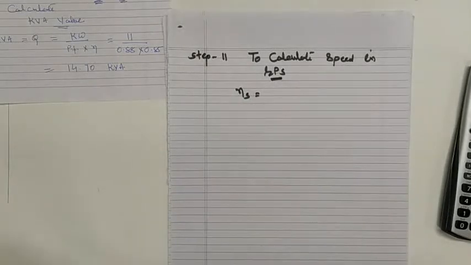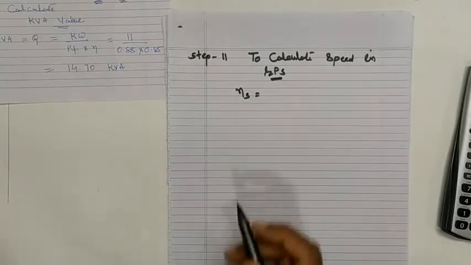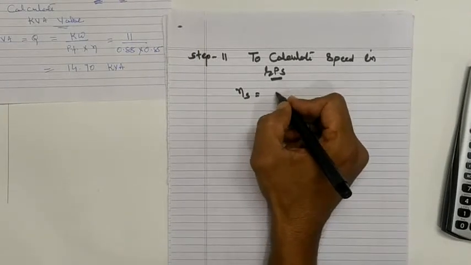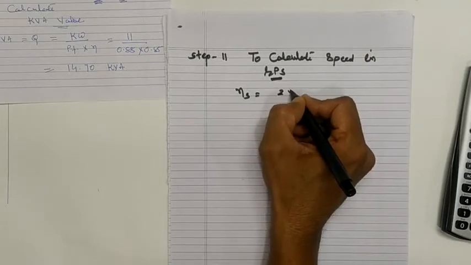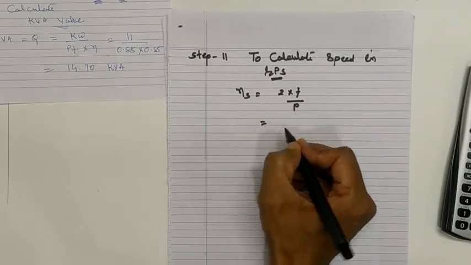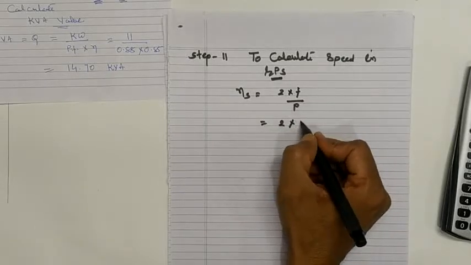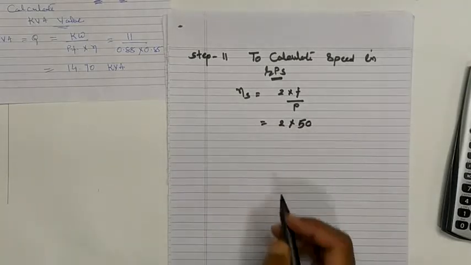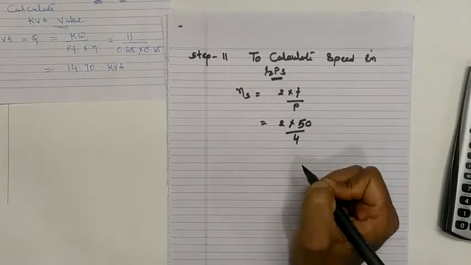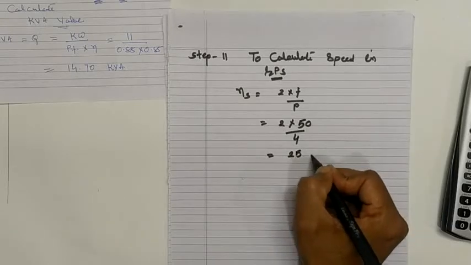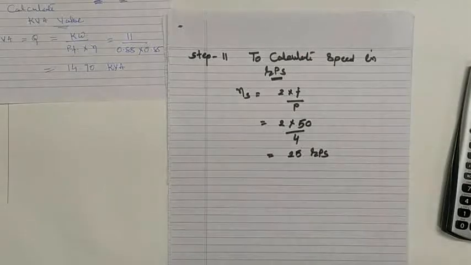Normally it is not given, or sometimes if it is given, it is in revolutions per minute. So we know the equation, that is 2 multiplied by F divided by P. So 2 multiplied by 50. If frequency is not given, we can always assume, and the number of poles is given as 4. So it is 25 RPS. So our step number 2 is complete.